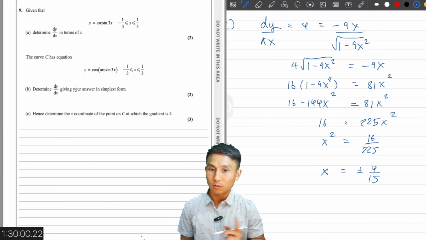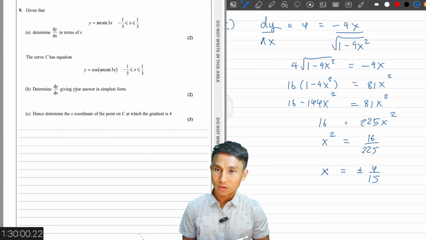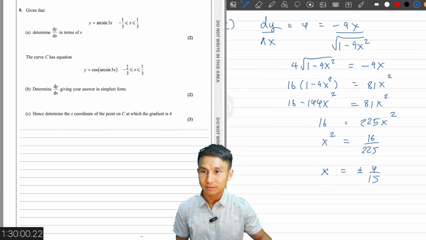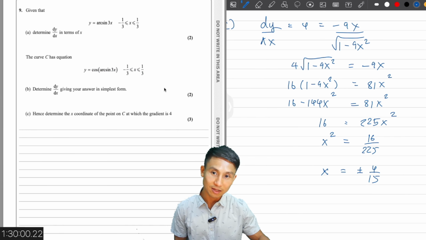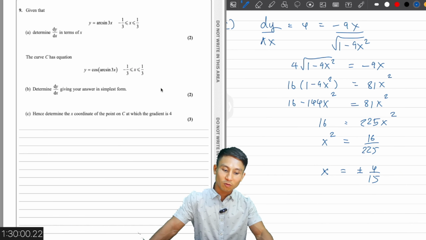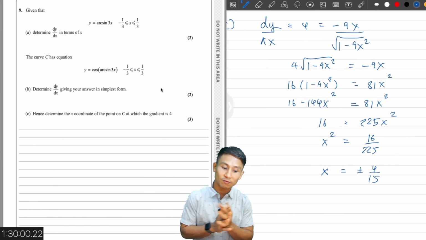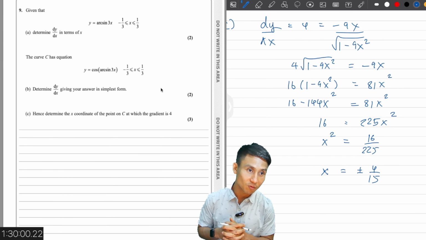But we want only one. So which one is not in the domain of this? I think the minus 4 over 15 is not, is it? Wait, hang on. 4 over 15 is less than 1 over 3.